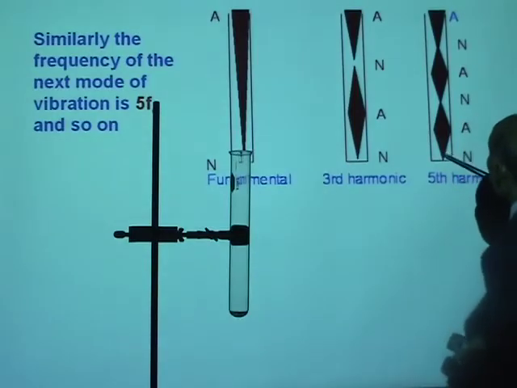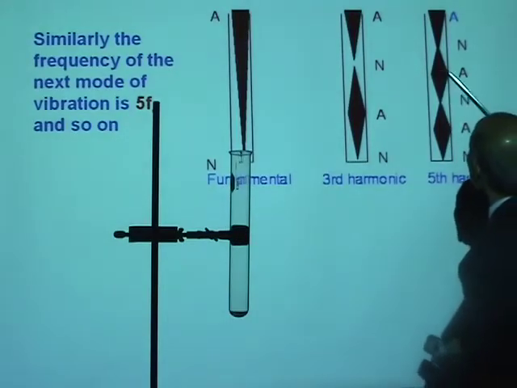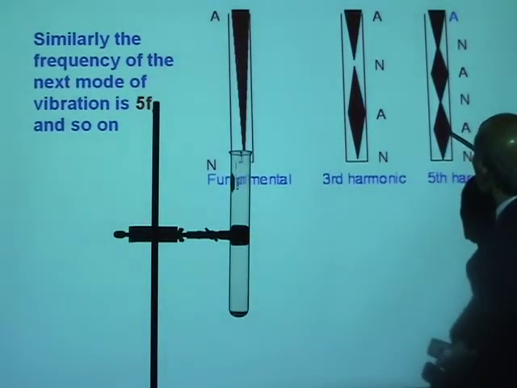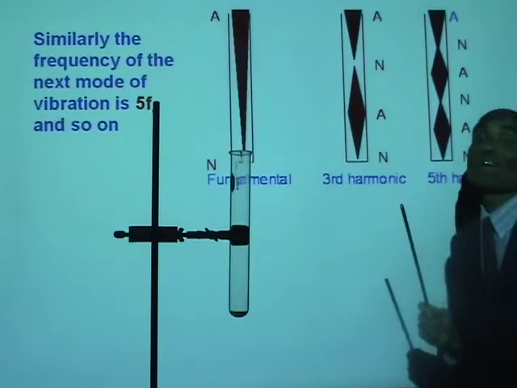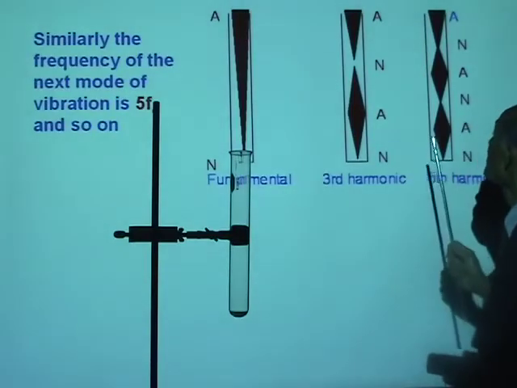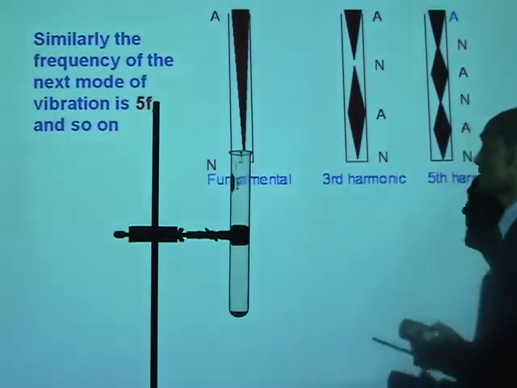How? How many waves are there in the tube? The waves are 5 quarters, because each of these is a quarter wavelength. Therefore, the total number of wavelengths inside the tube will be 5 over 4 of a wavelength.